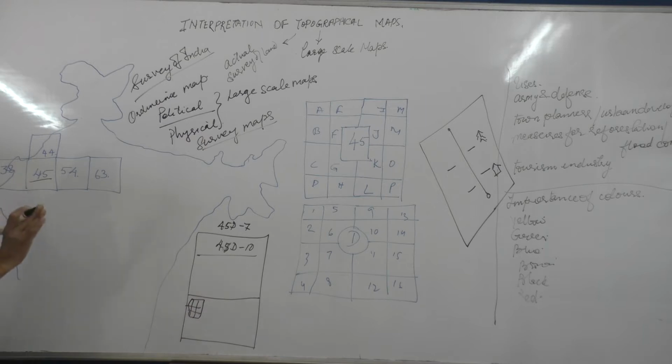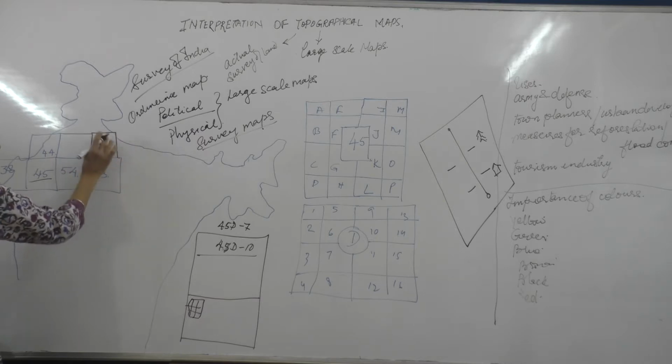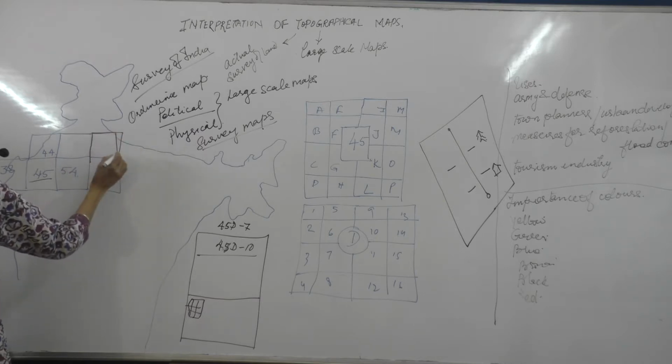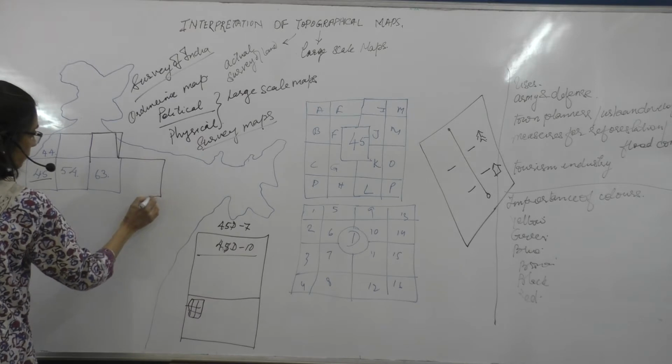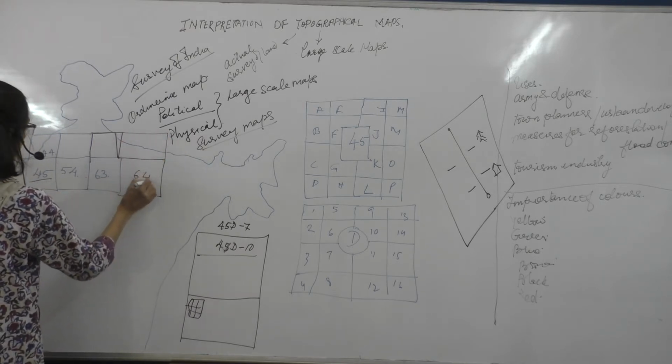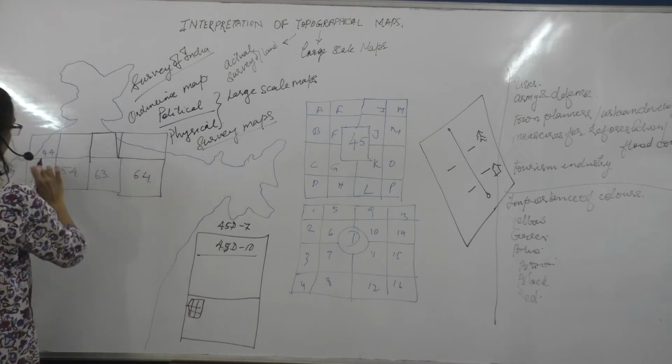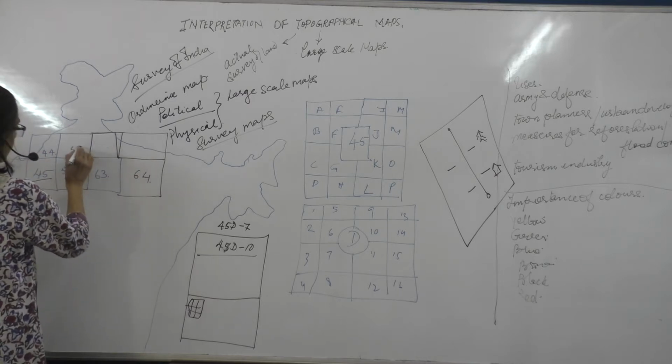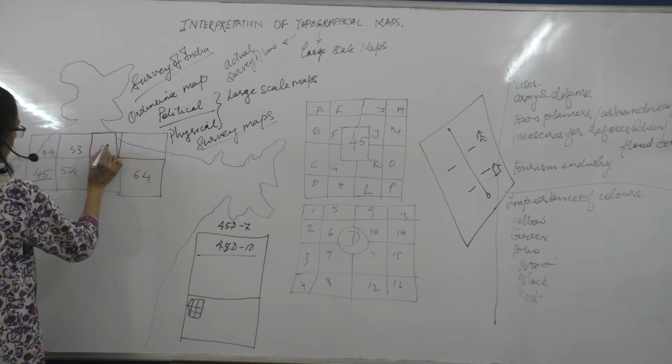The Survey of India has divided the entire country into these numbers. I have just shown you a smaller part of how the numbering is done. But if you look at the maps in your textbook, you will find that this number continues: 44, 45, 53, 62.